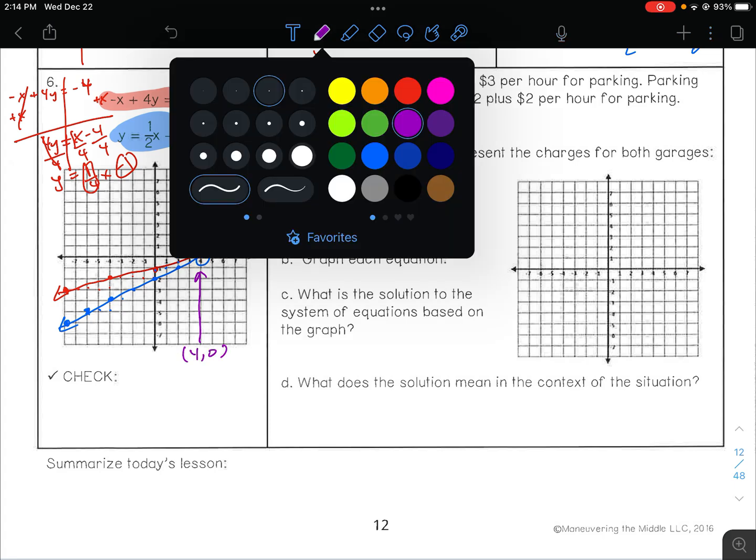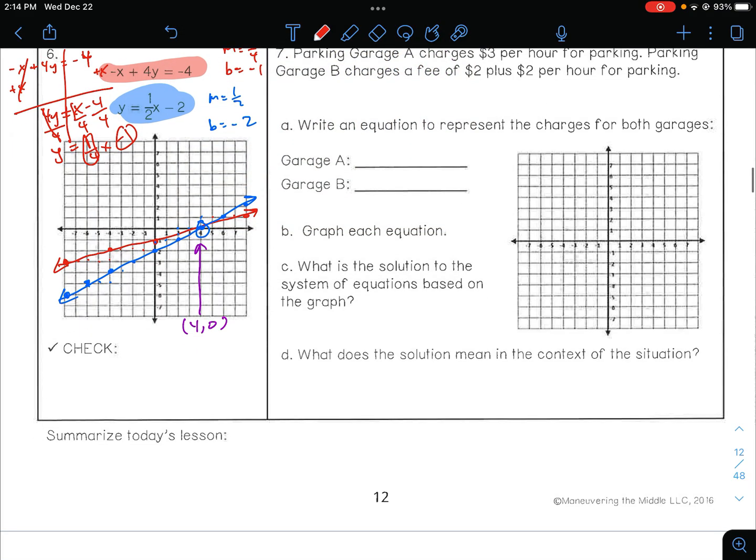So let's check to see if that is true. With my red equation, it was y equals 1/4 x minus 1. So y is 0 equals 1/4 times 4 minus 1. Well, 1/4 times 4 is 1. 1 minus 1 is 0.